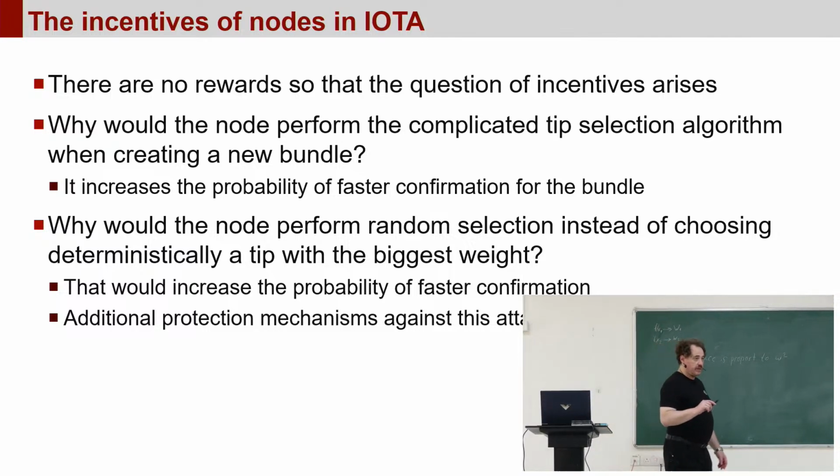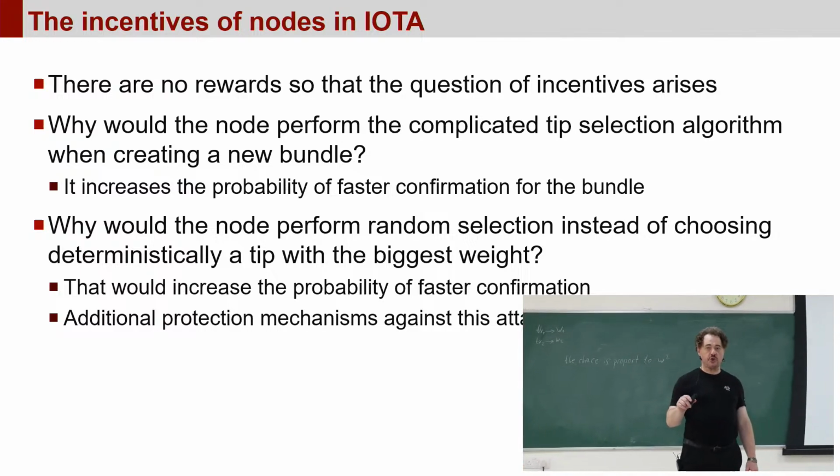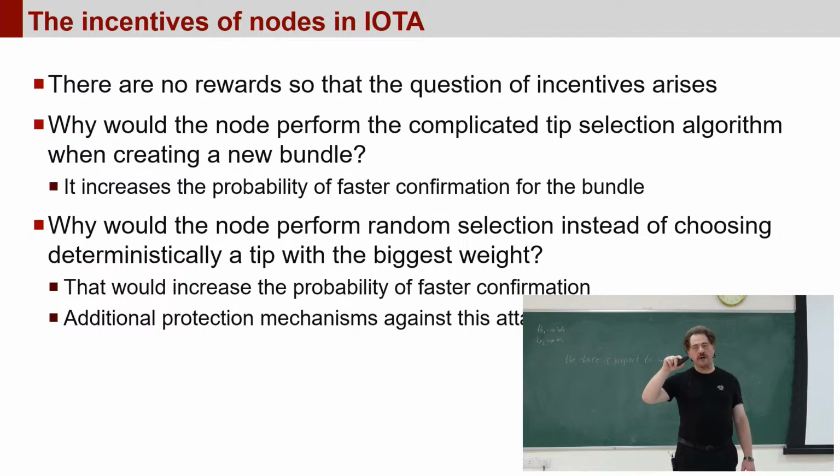The reason is that, probabilistically, the tips chosen by the node have the highest weight. They have a higher cumulative weight compared to the other tips.